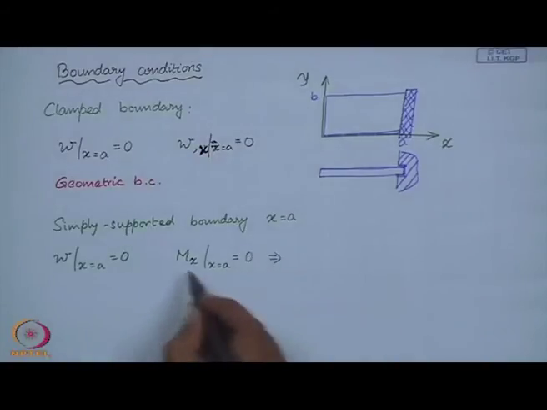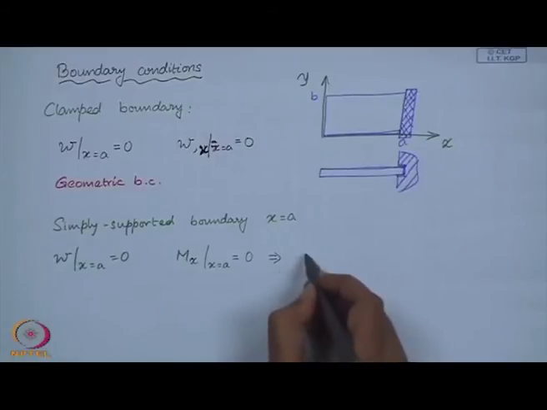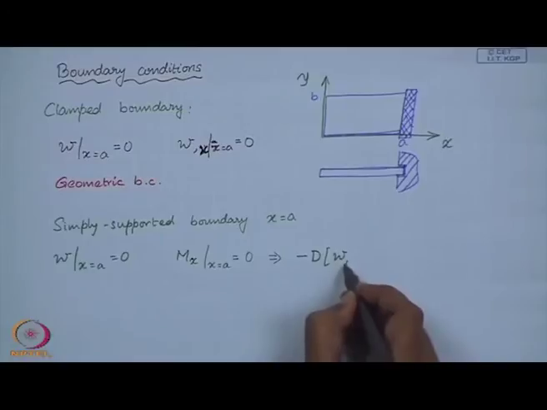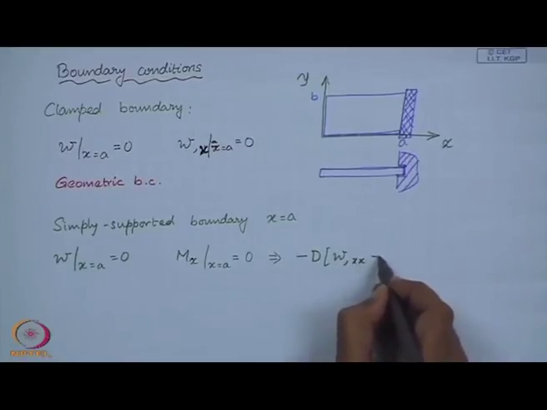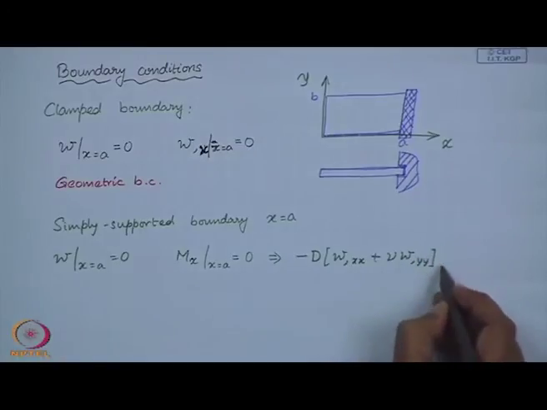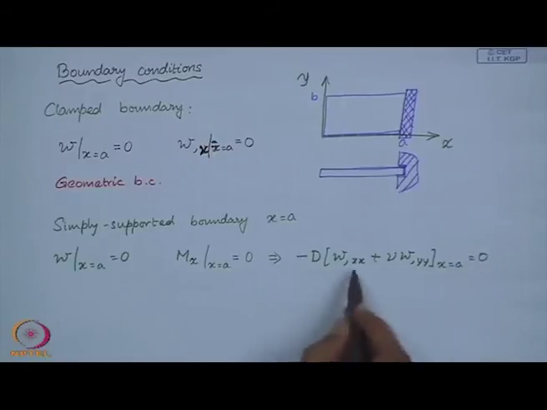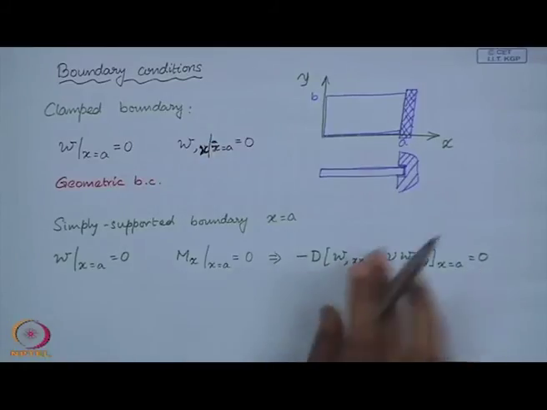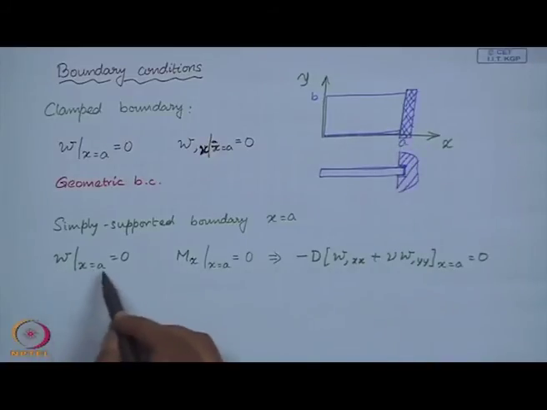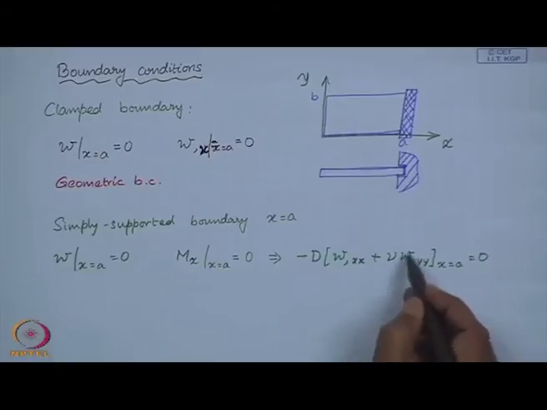So, this implies, if you use the expression of the moment, but if the edge is simply supported and is straight, so that w at x equal to a for all y is 0, then there is no curvature, so this term is also 0.